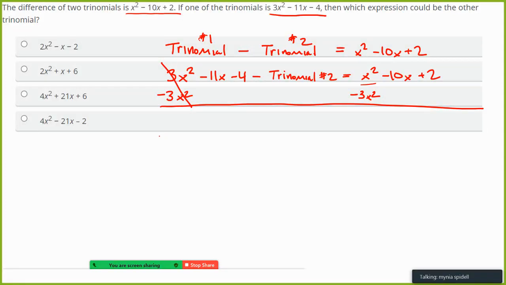Yeah. So when I put it in quotation marks, I put 3x. Well, how you have it set up. So 3x squared minus 11x plus minus 4x equals x squared minus 10x plus 2. Wait a minute, like this? Yeah. With an equal sign? Okay.